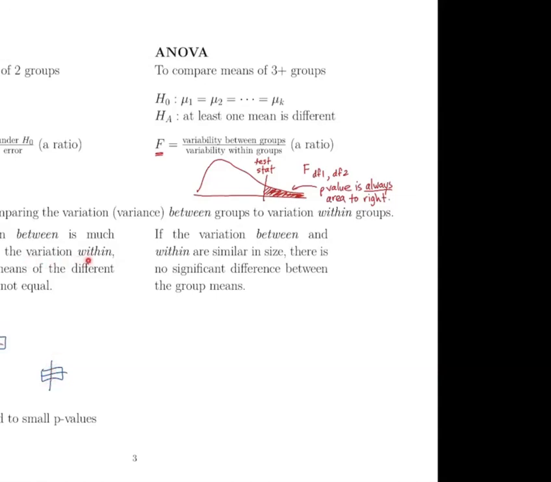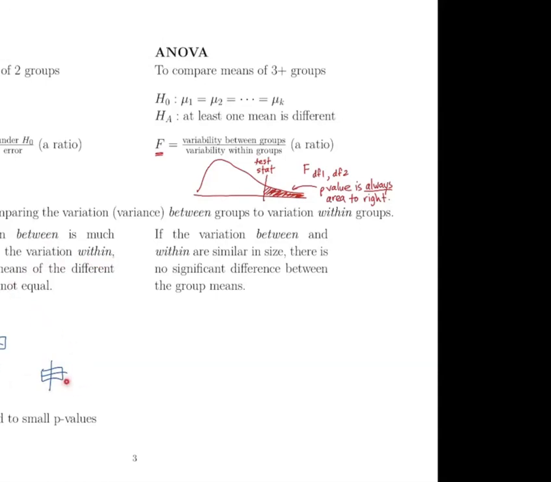Our variation within is very small. And the variation between, that's looking at how different these 3 are. It's quite large in this case. This one is very different than this one and very different than this one. So if you have very large between variation, especially compared to a very small variation within, you end up with things that look like this.